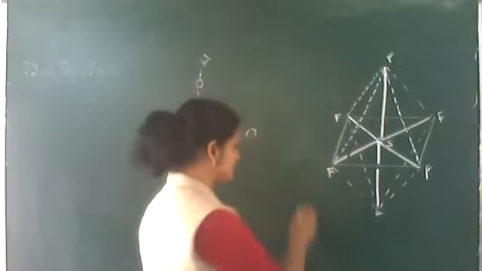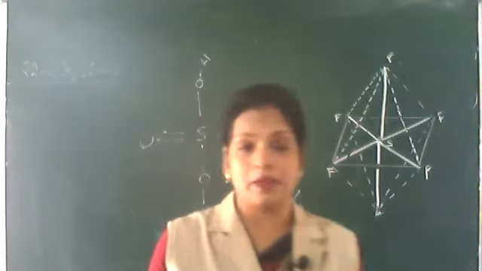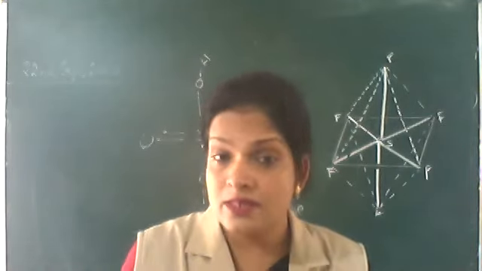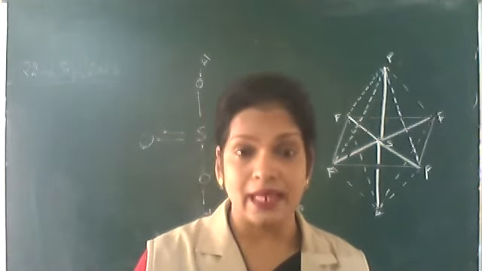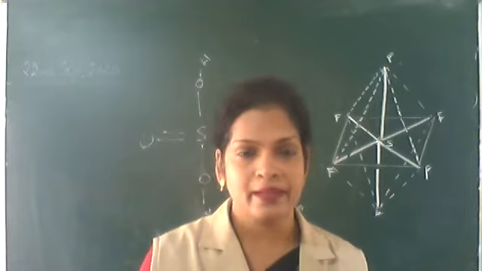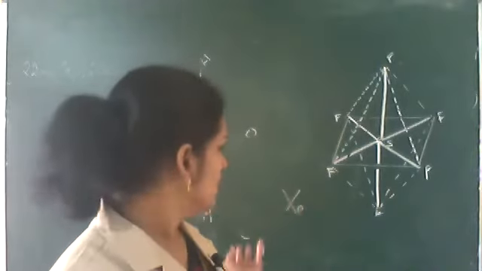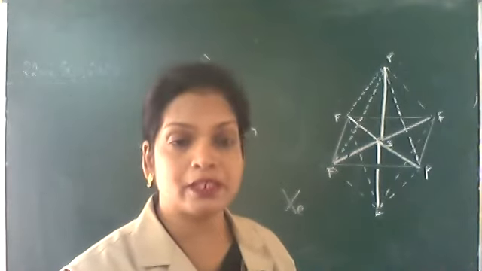Xenon has 8 electrons in the outermost shell, so it should not take part in any chemical reaction. But xenon makes so many compounds. That means getting 8 electrons by combining is not the ultimate aim. We are giving these examples to show the limitations of the octet rule.